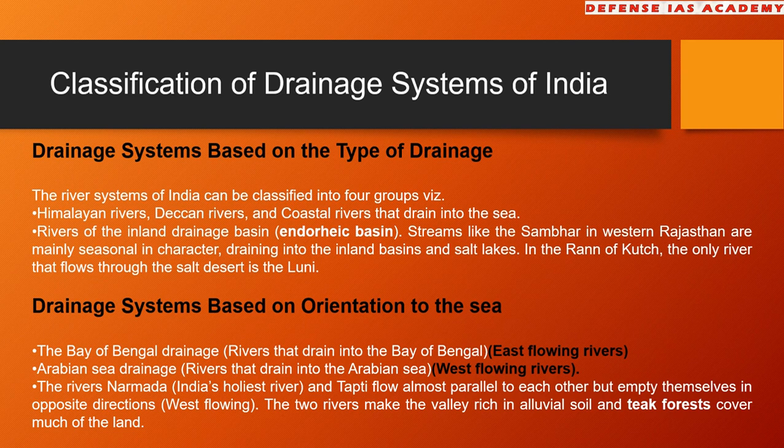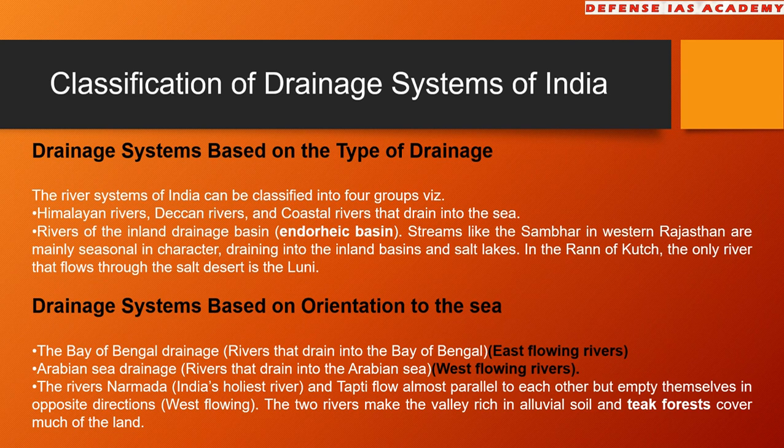That means, for example, streams like the Sambhar in western Rajasthan are seasonal in character, and they drain into an inland basin and salt lakes. Another example is in the Rann of Kutch, where the river that flows into the salt desert is the Luni.